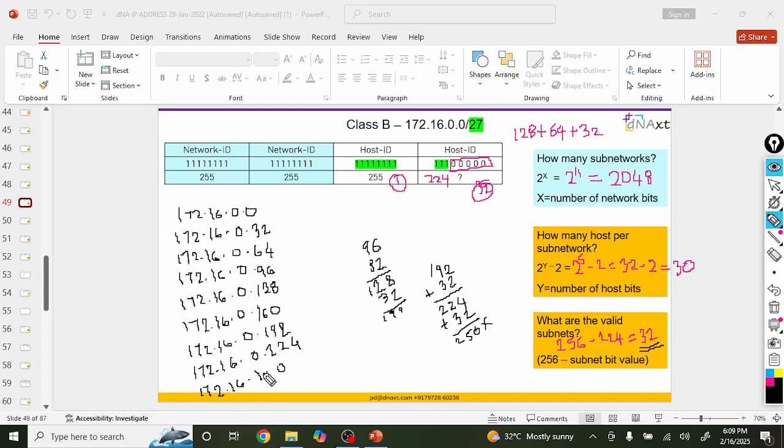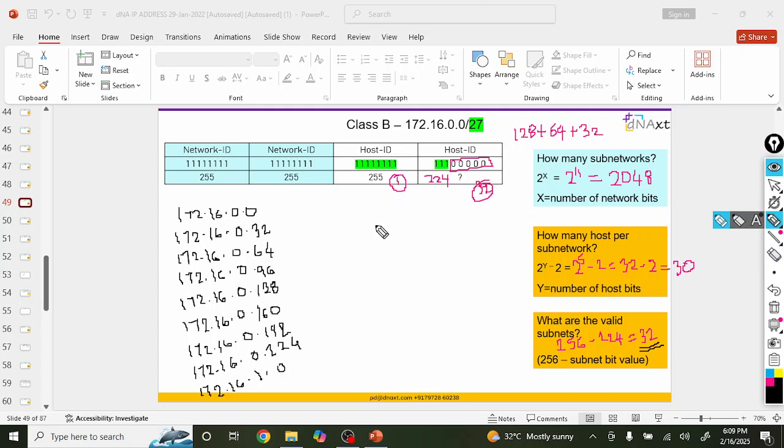Now again you will start: 1.32, 1.64, 1.96, 1.128, 1.160, 1.192, 1.224, and then 2.0. In this way you will get 2048 subnetworks.